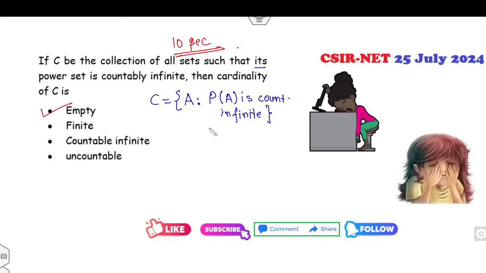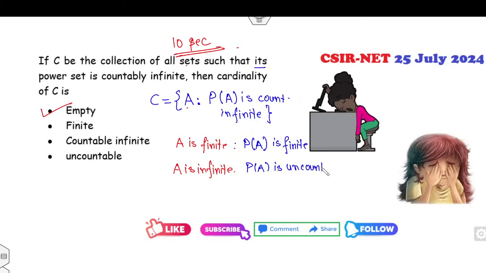How? Remember, students, as I told you, whatever the set A, either A is finite or A is infinite. There are two options. If A is finite, then the power set is finite. If A is infinite, then the power set is uncountable.